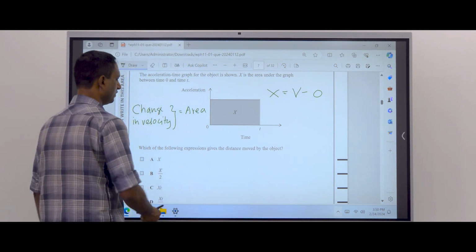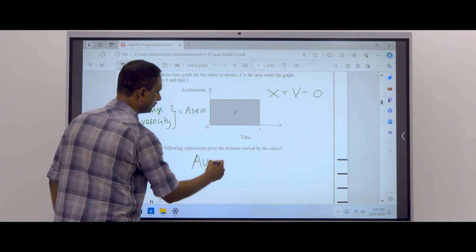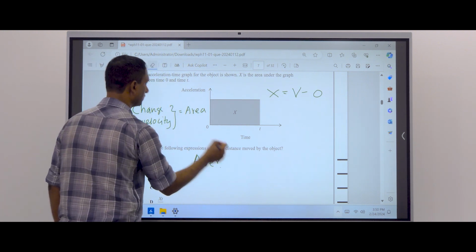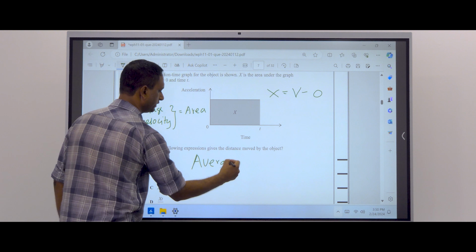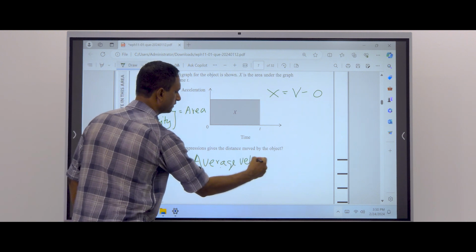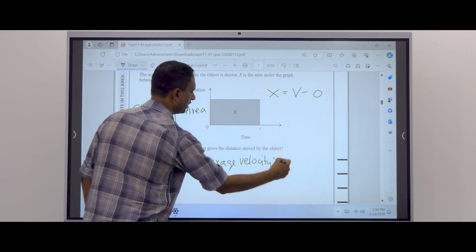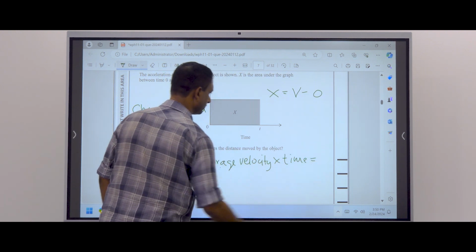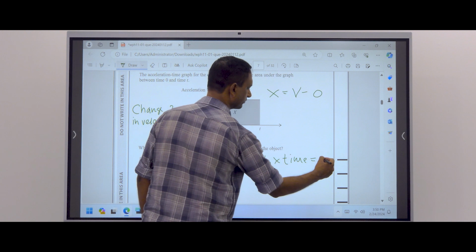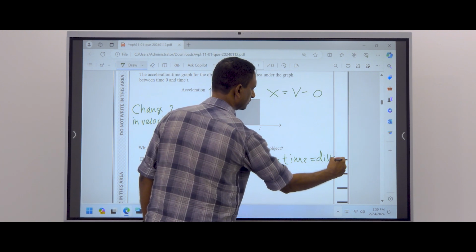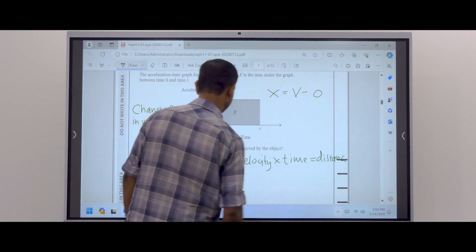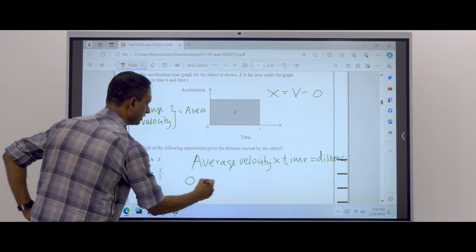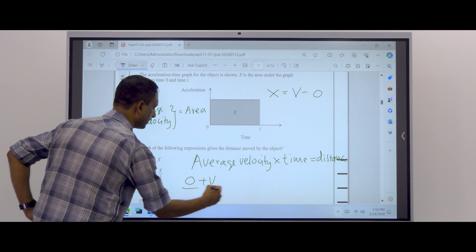Therefore, we have to find the average velocity, and average velocity multiplied by time is the distance. Average velocity is initial velocity plus final velocity divided by 2.